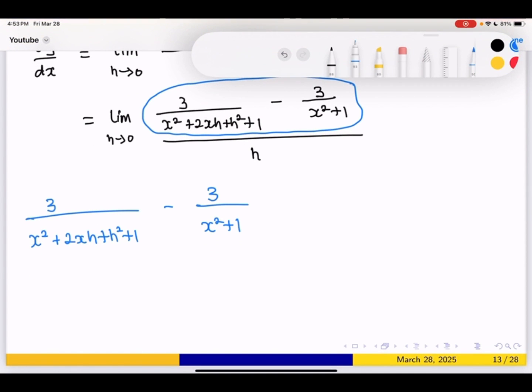So let's find the LCM. The LCM will be giving us the product of the denominators. So now let's simplify further.